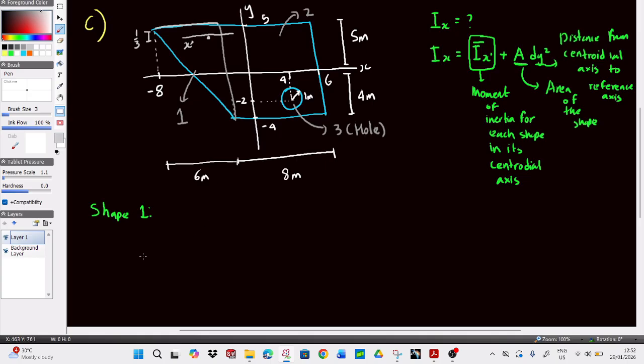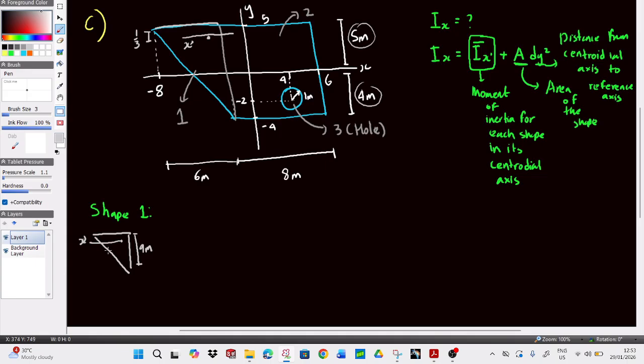So this is our shape 1, and you'll see in a bit why I am doing this. If we draw a triangle, our reference axis x prime is 1/3 of the entire thing, which is 5 meters plus 4 meters, because the whole thing is simply 9 meters.